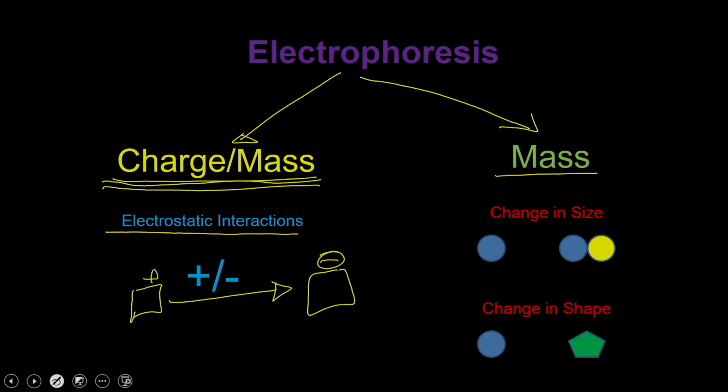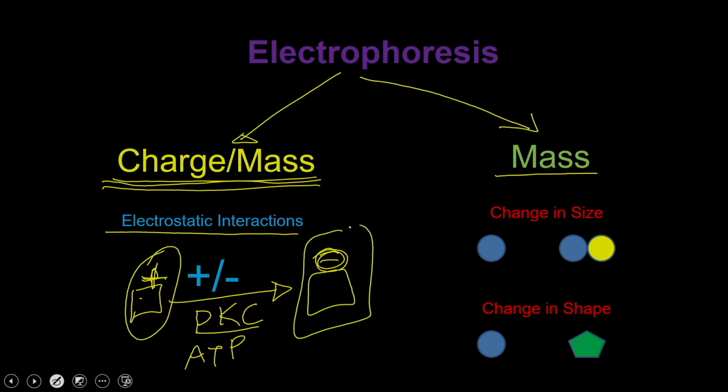For example, if you add an enzyme like protein kinase C, or PKC, what will happen? A positively charged molecule will acquire negative charges. So, if you want to monitor the activity of PKC, you can take the complete assay mixture containing the positively charged substrate and the PKC, and then add ATP, which is the phosphorylating agent, and as a result it generates the negatively charged substrate.